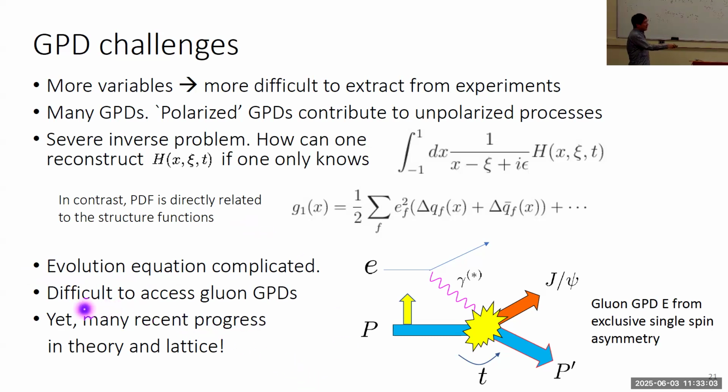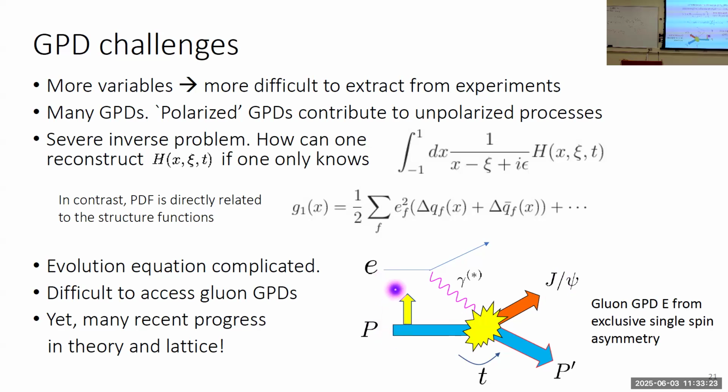And also, it's difficult to access the gluon GPD, which is important if you want to test the spin sum rule. That also includes the gluon sector. It's very difficult to access the gluon GPD in experiments, but there are ideas. For example, exclusive production of J/psi in single spin asymmetry.